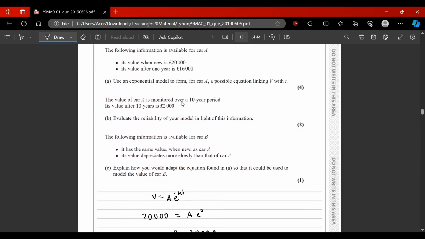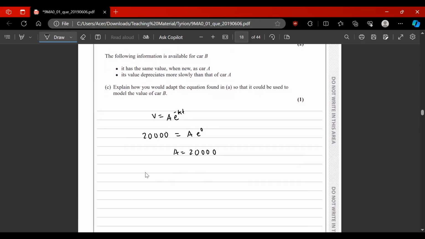For that, I need to make use of the second piece of information, which is its value after 1 year is 16,000. So this gives me 16,000 is equal to 20,000 e to the power minus k, because remember, t is equal to 1 now. If I solve this, I will get k equal to 0.223.